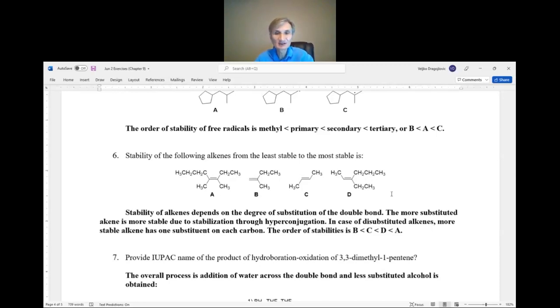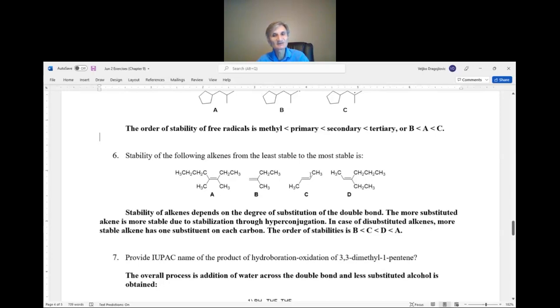The difference between B and C is that in isomer B, we have both substituents on one carbon of the double bond. While in C, those two substituents are on different carbons. One carbon has each. Electron delocalization through hyperconjugation is more efficient in C when there is one substituent on each carbon.